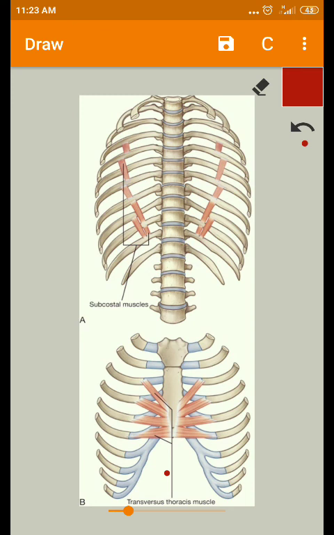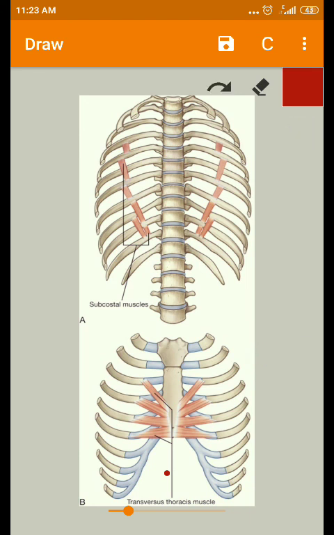If the cartilage is in this position, since the muscle fiber is attached, it drags it downwards. That means the cartilage becomes like this by the action of the sternocostalis muscle.